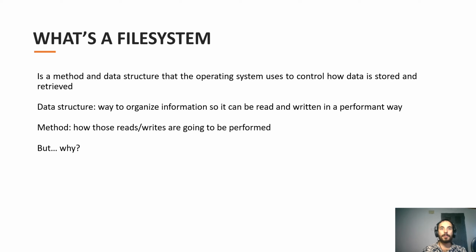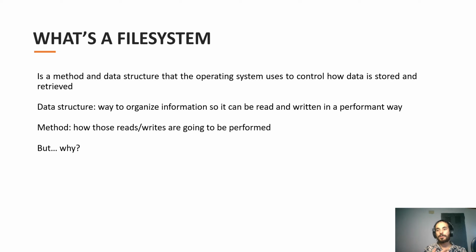And the method, it says method and data structure. So the method is how those read and write operations are going to be performed, for instance queuing and scheduling, and physically how those read and write operations are going to be exposed as an API in other software methods.